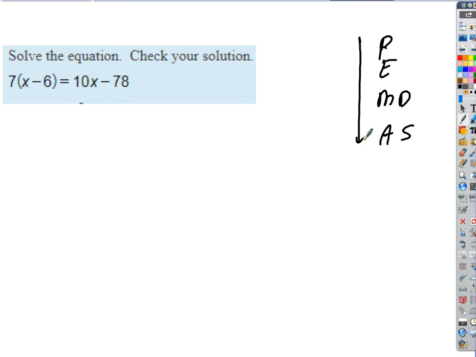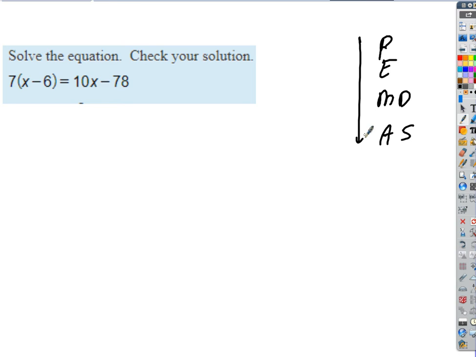Look up here and notice that there are 2 instances of the variable x. It shows up twice, right? You can't isolate a variable that shows up more than once. You can only isolate the variable when it shows up once in the equation. I'll say this about 1,000 times this year. If you can point to a variable, then you can isolate it in an equation. So the first thing we've got to do is simplify until we get a single x.